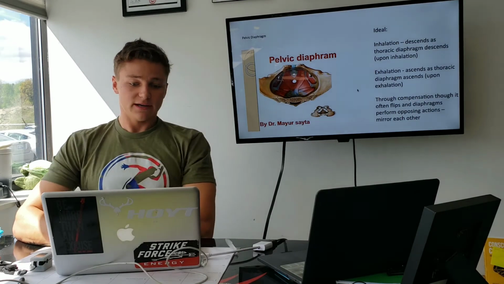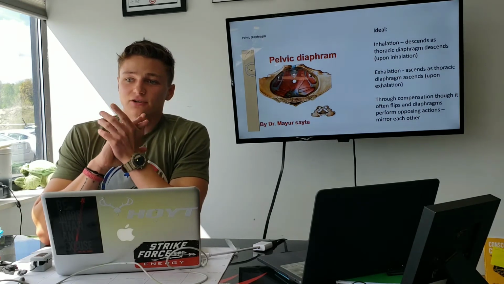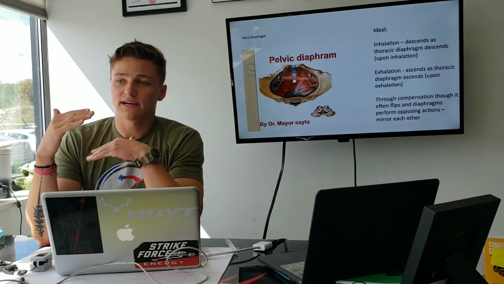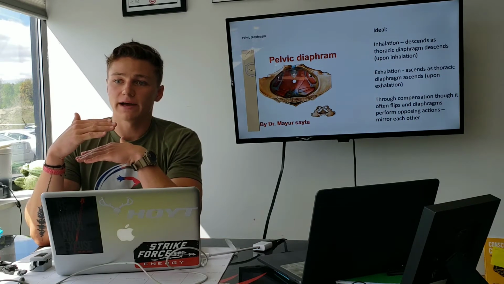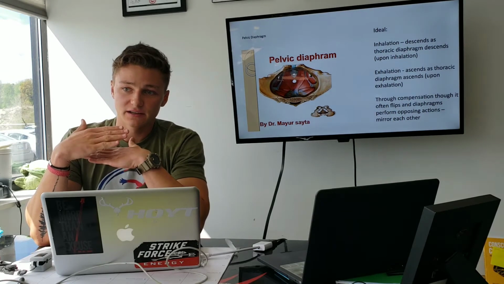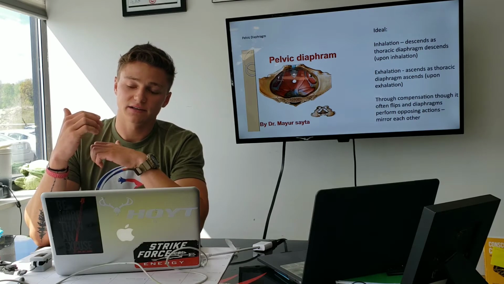Then you also have a pelvic diaphragm, and in an ideal situation, your thoracic diaphragm and your pelvic diaphragm will match. So as you inhale, you would want them both to descend, and then as you exhale, both to ascend.